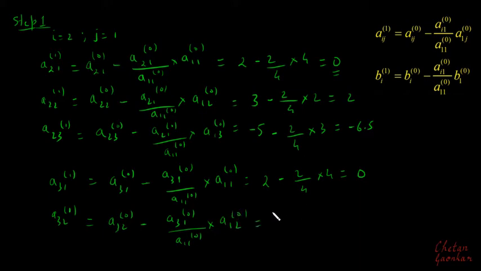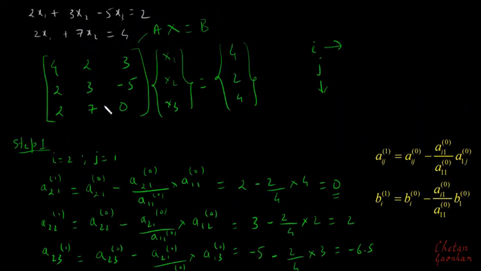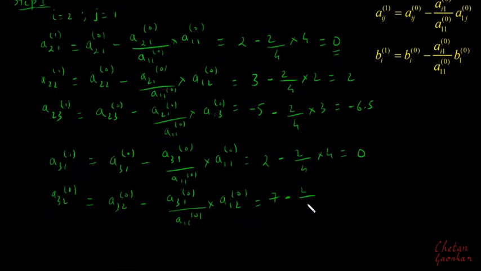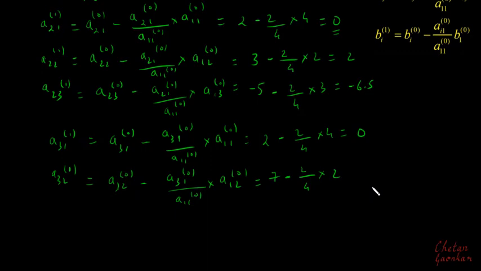So a32 original here we already have as 7, minus a31 original, which is 2, divided by 4, multiplied by a12 original, which is again 2. If I do the calculation here, this will give me 7 minus 1, which will be equal to 6.